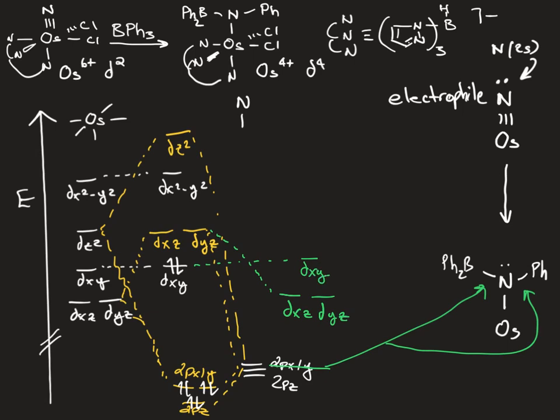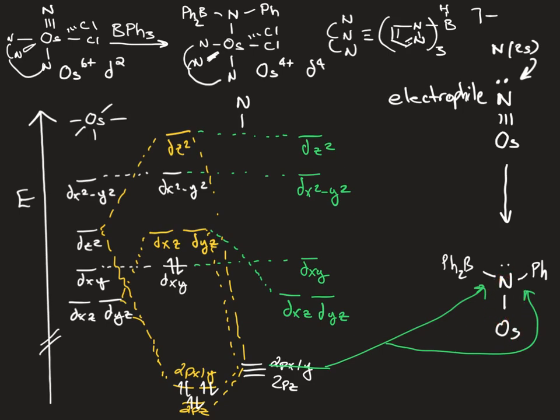The dxy remains non-bonding. The dx squared minus y squared remains non-bonding to the nitrogen, but the dz squared is still involved in bonding between that nitrogen and the osmium center.